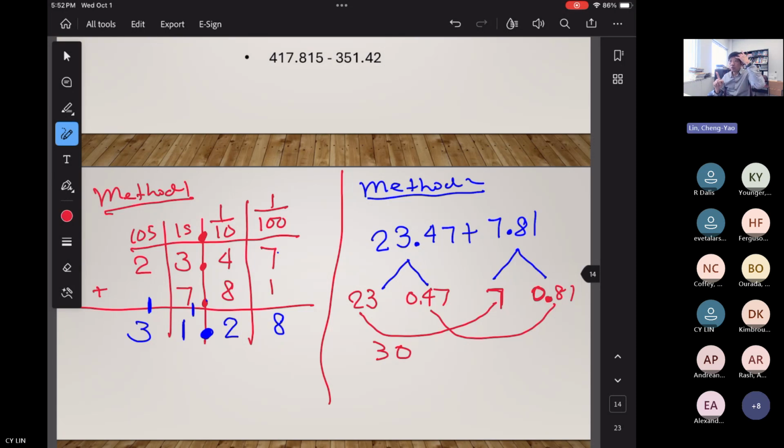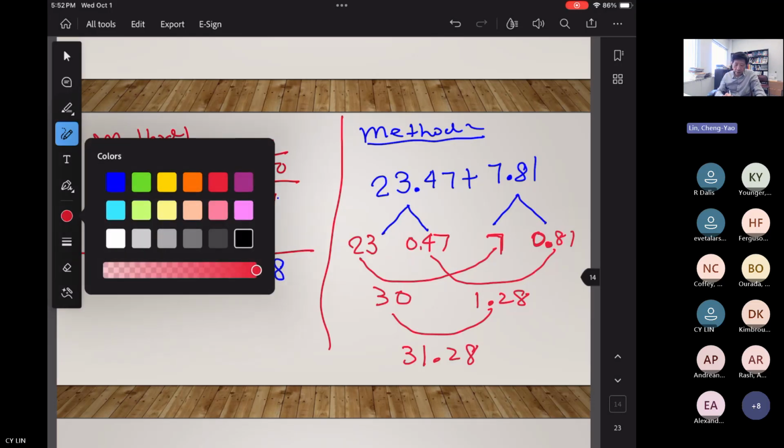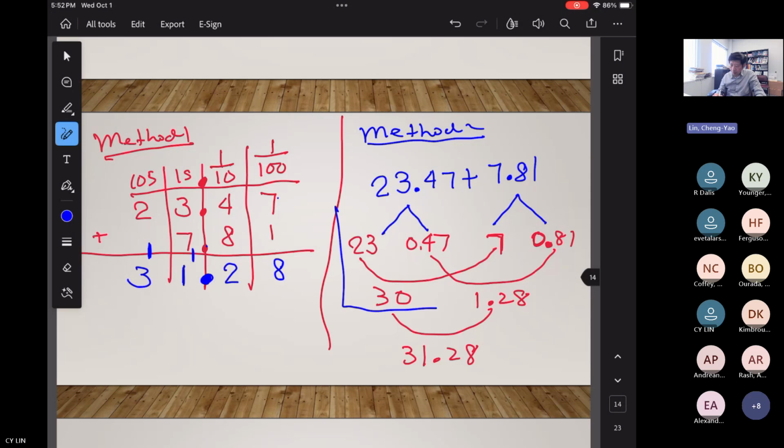Remember, this is only good for the quick learner. They can calculate this in their head, so they can write the answer right away here. So 1.28, and all together it's 31.28, right? Eventually, this part is all in their head.